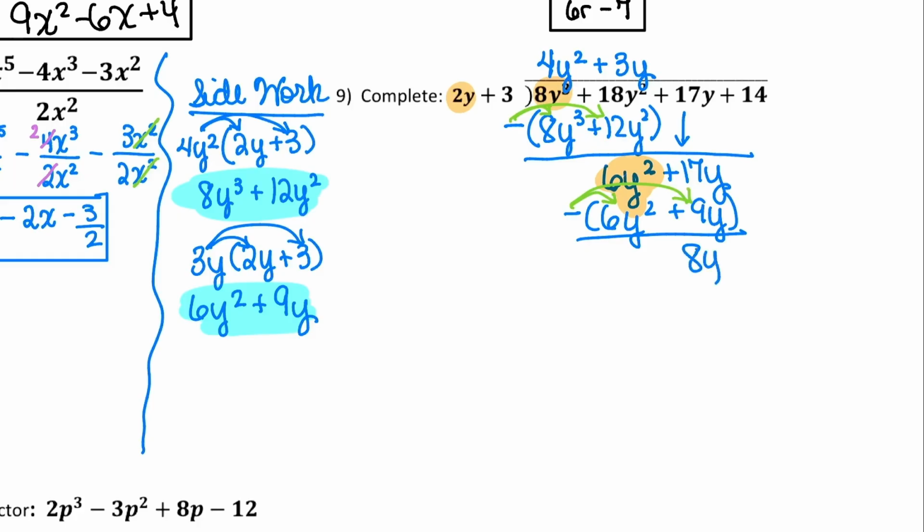That's going to be 8y. Then we will bring down our 14. So what times 2y is going to give us 8y? It's going to be 4. So we're going to do plus 4 here. Now we are going to take this term, multiply it by the outside, and subtract our result.